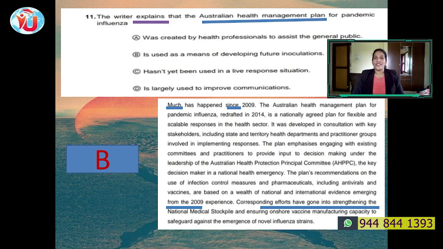Corresponding efforts have gone into strengthening the national medical stockpile and ensuring onshore vaccine manufacturing capacity to safeguard against the emergence of novel influenza strain. What is the meaning of this?